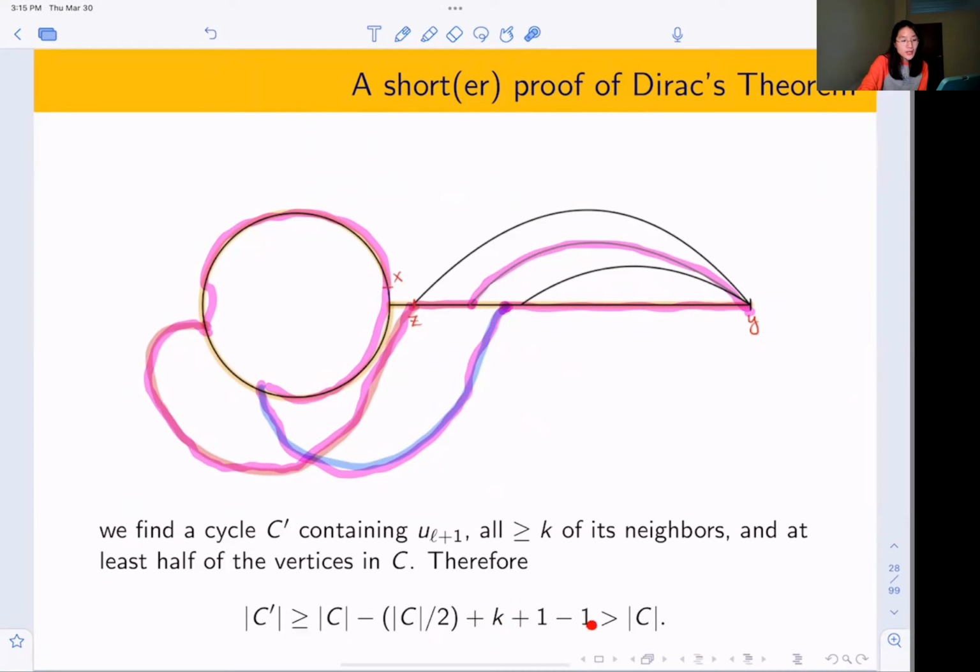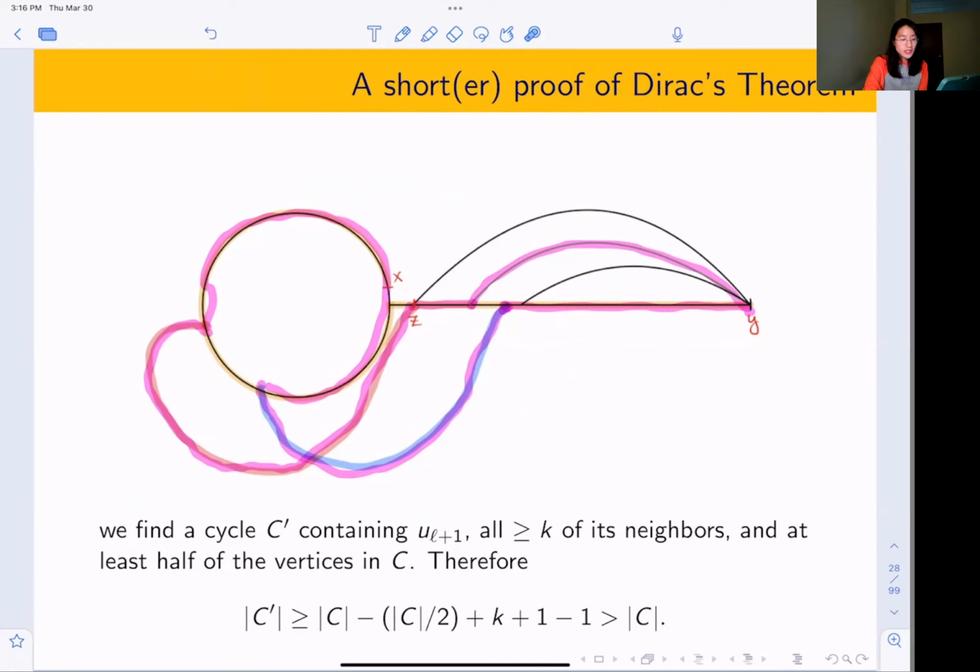And then we maybe subtract 1 because it could be the case that one of these neighbors is inside the cycle, just one of them. Okay, and so then this gives us a longer cycle. This is a contradiction because we assumed that the length of C was less than 2K. So this was the idea of Dirac's theorem, and I wanted to include it because it's going to inform how we prove the result for hypergraphs.